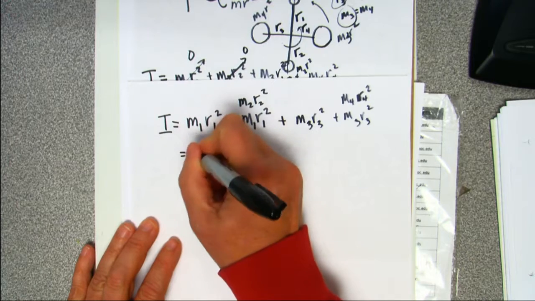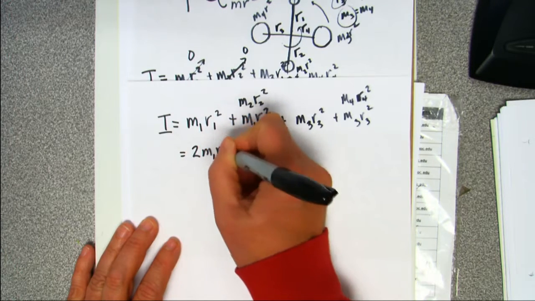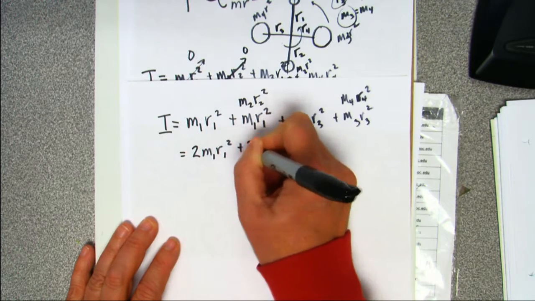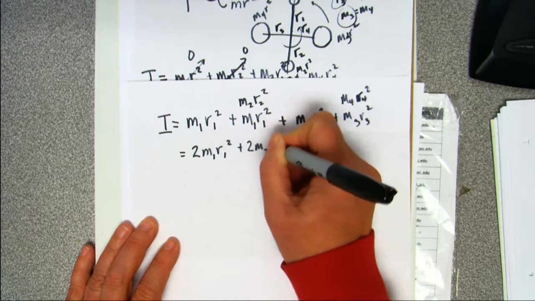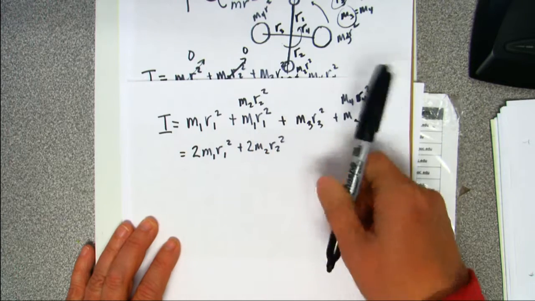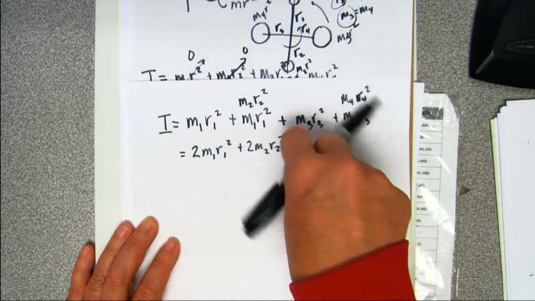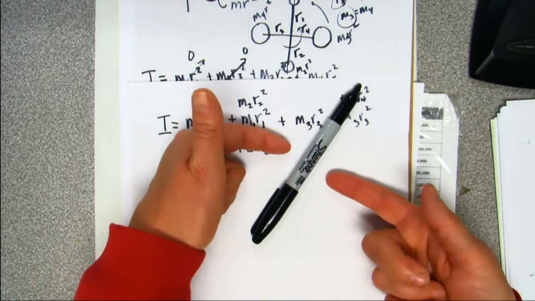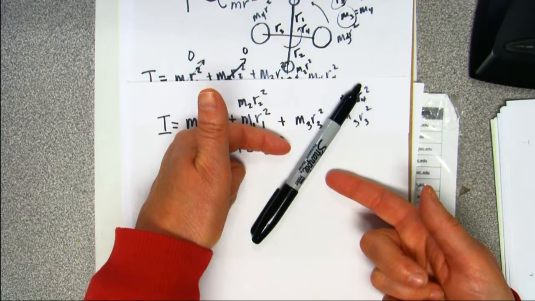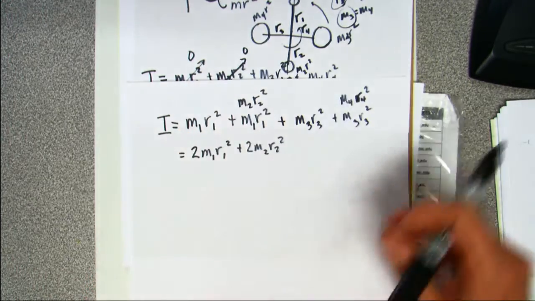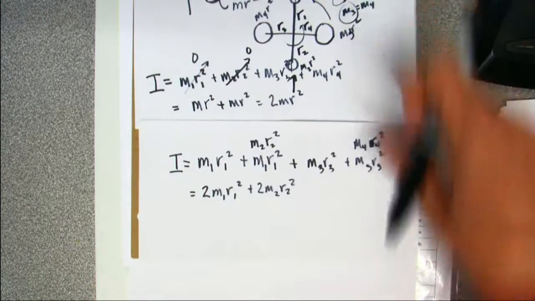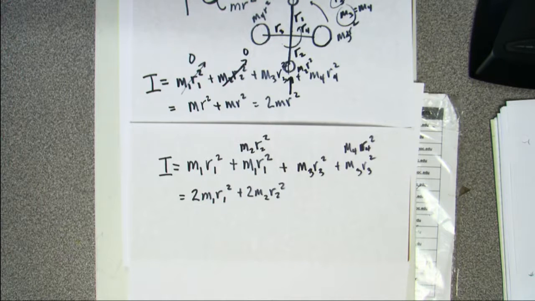So this time I'm going to end up with 2M1R1 squared plus 2M3R3 squared. And that's for the case that I'm rotating around like this, with my other baton having my bigger masses sitting out over here. So it does make a difference how I do that rotation.